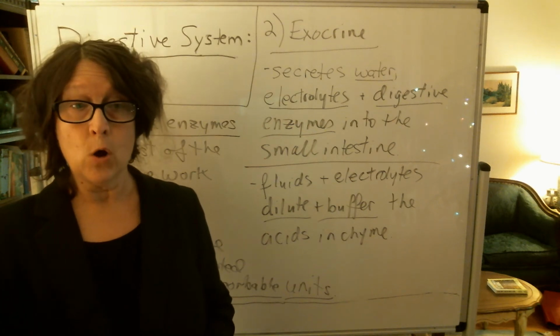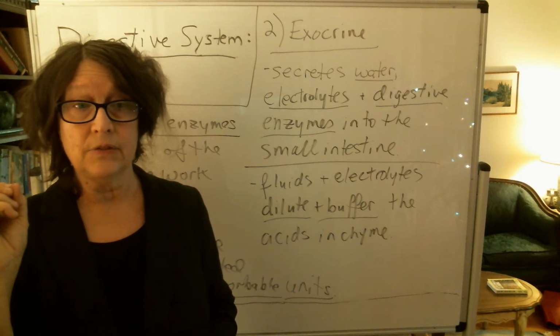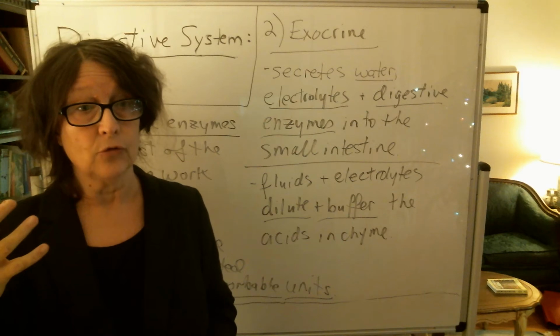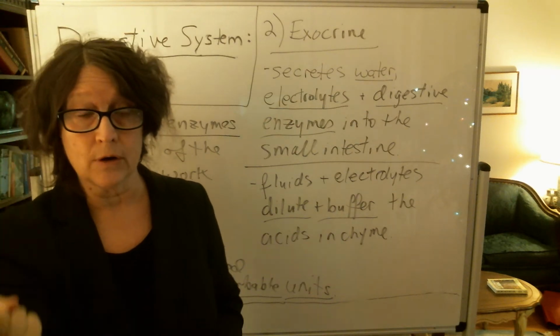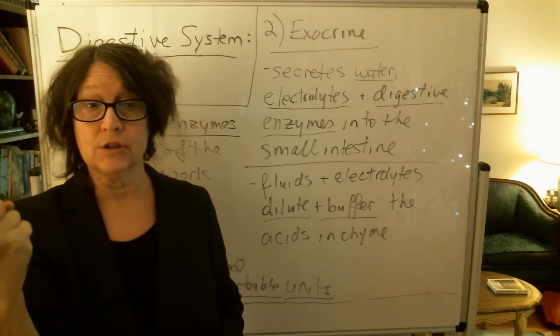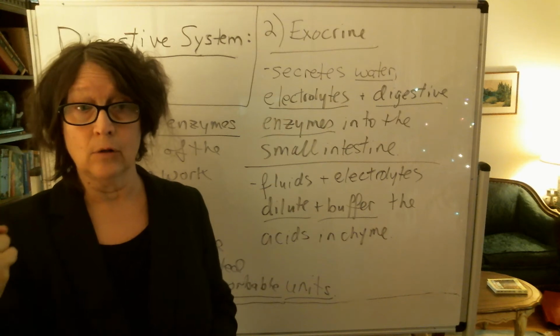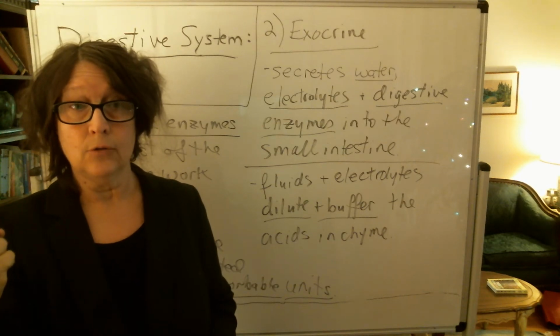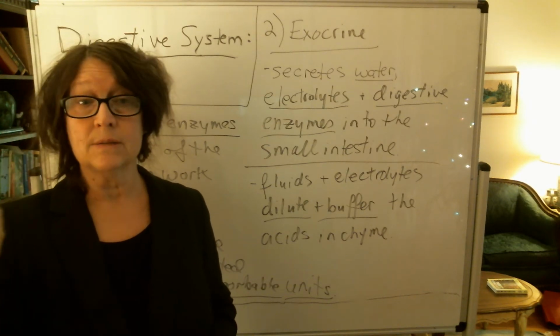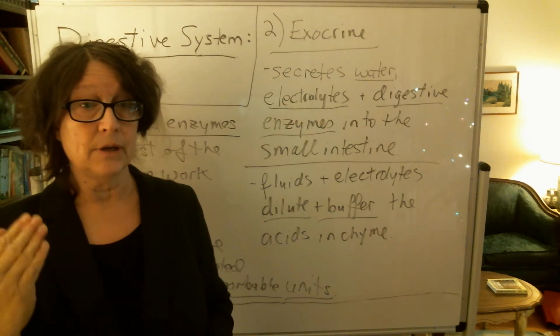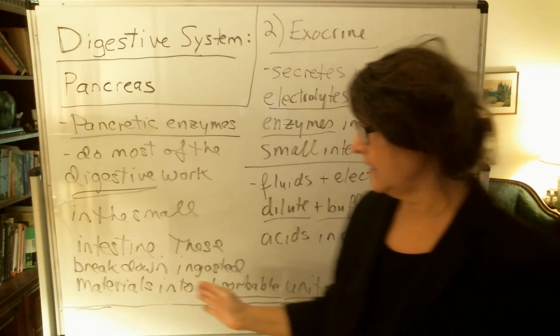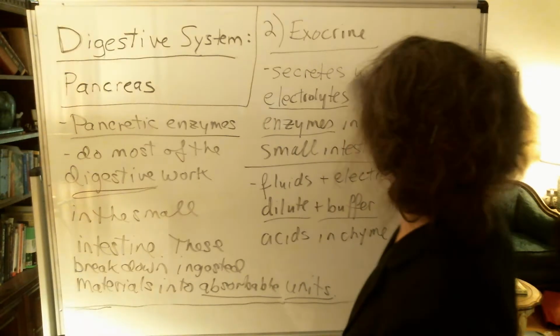So the component molecules of these things that make up your food, the food has to be broken all the way down. Remember, digestion technically means the chemical breakdown of these food molecules into really small molecules, which can be absorbed. So those are then the absorbable units.